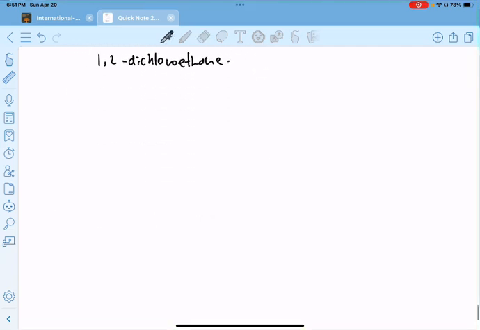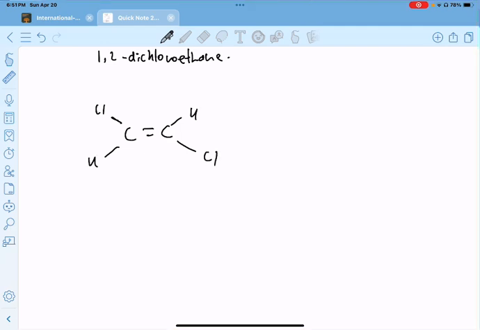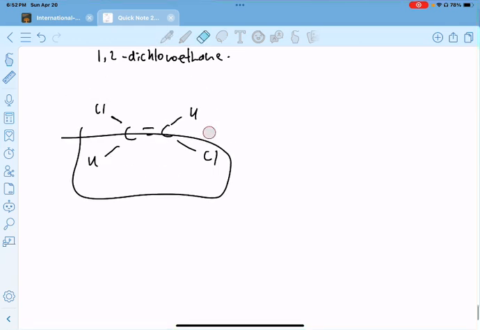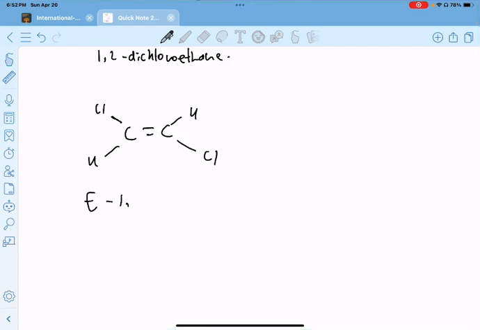Now, for alkenes, that is different though. What do I mean by this? If you have a carbon-carbon double bond and you have Cl, H, H, and a Cl, and these Cls are on opposite ends, meaning one is up and one is down, you will get E-1,2-dichloroethene, because of the double bond.